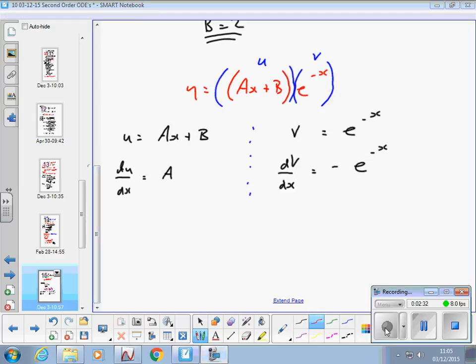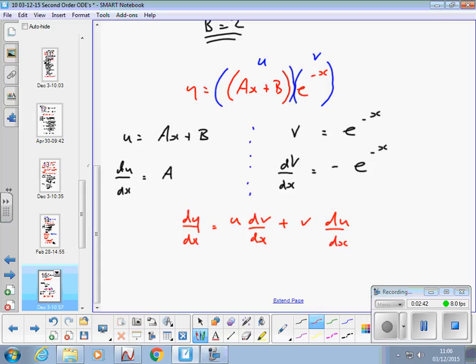So the product rule is u dv by dx plus v du by dx. And again, you've got this formula in your formula sheet, but remember it. It just is the first bit multiplied by the differential of the second plus the second bit multiplied by the differential of the first, if you remember.